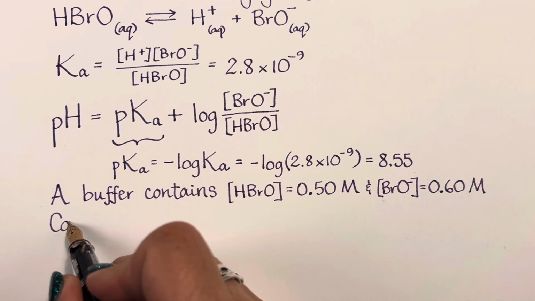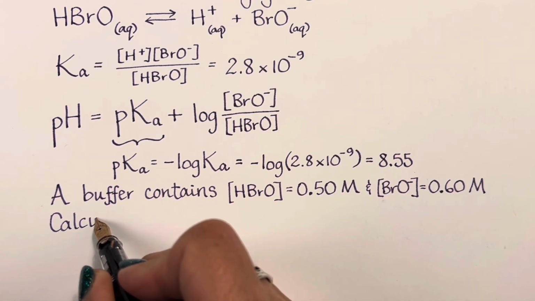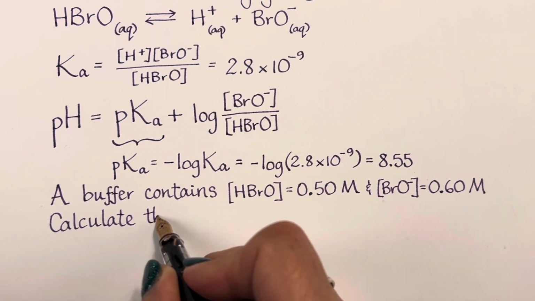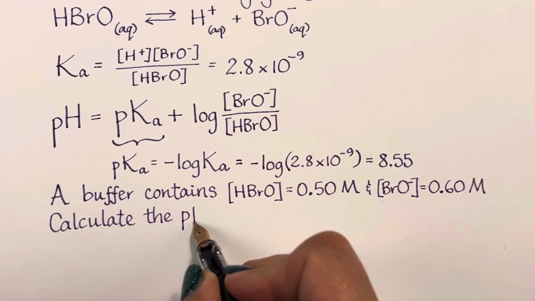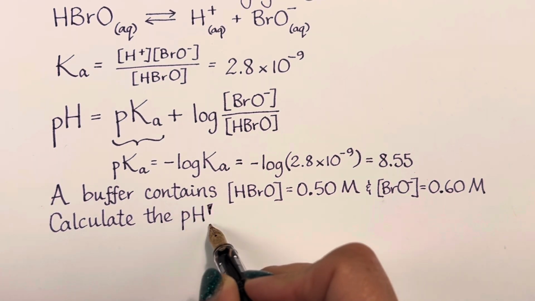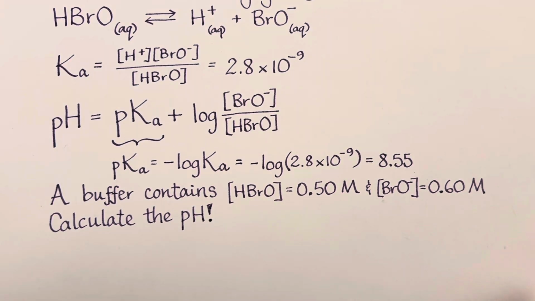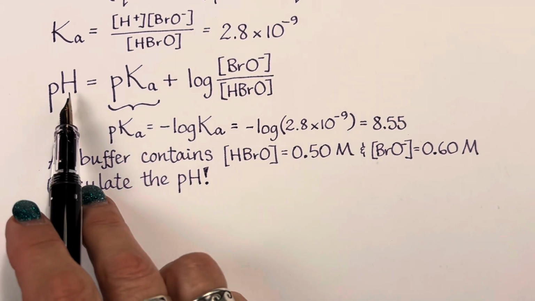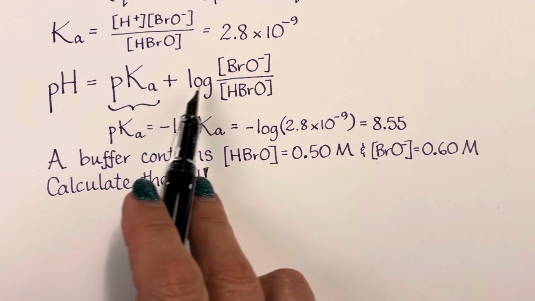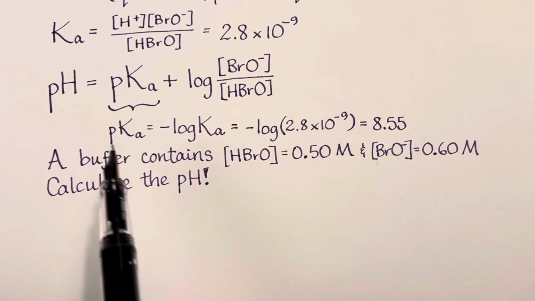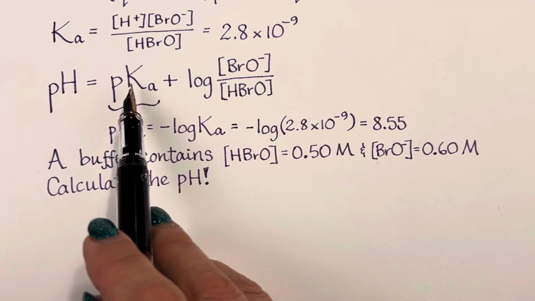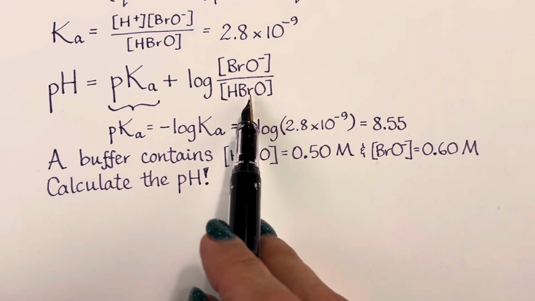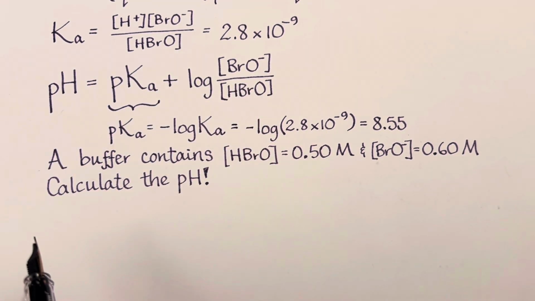And what we're going to do is calculate the pH. Now we have everything we need to do that, right? We've got the equation we need, the Henderson-Hasselbalch equation, that relates pKa and these two concentrations with the pH.